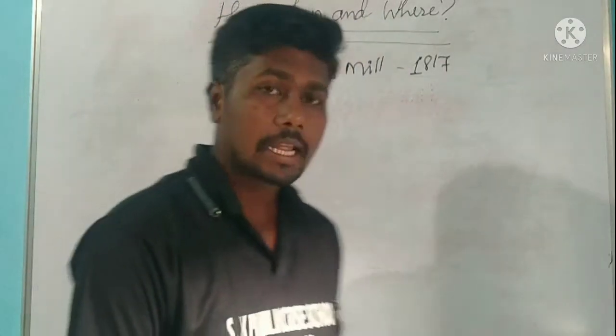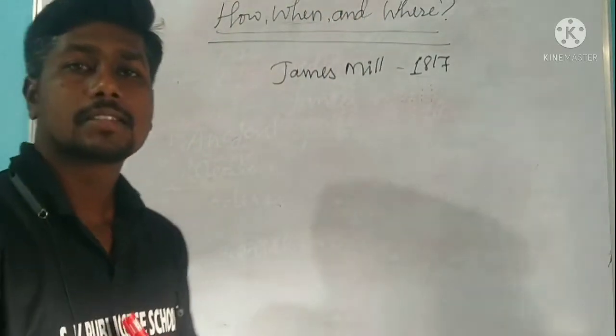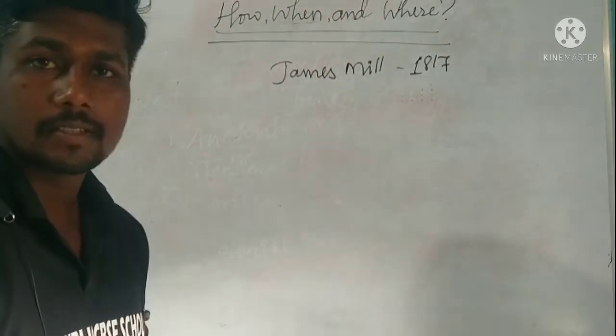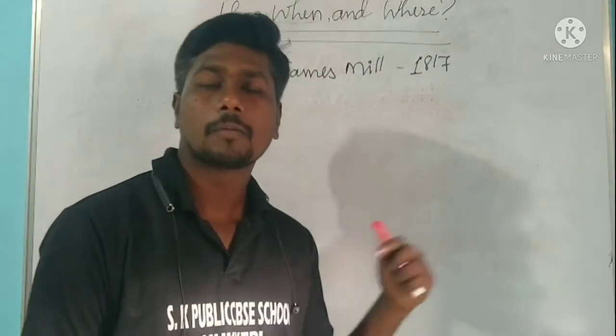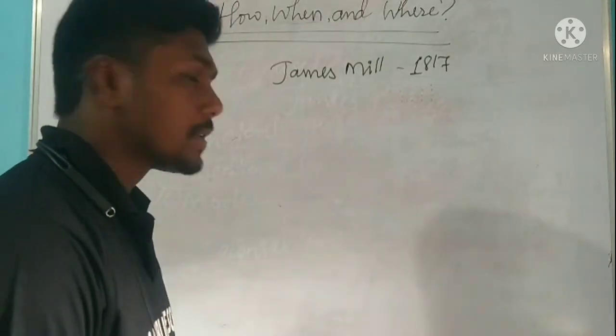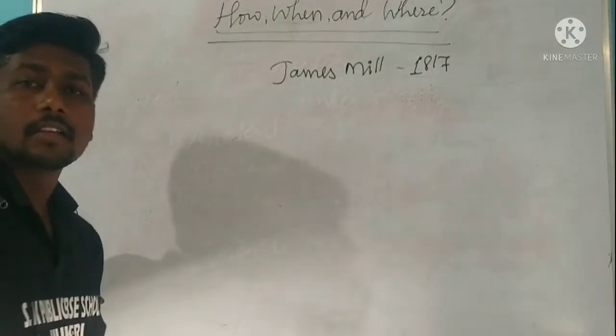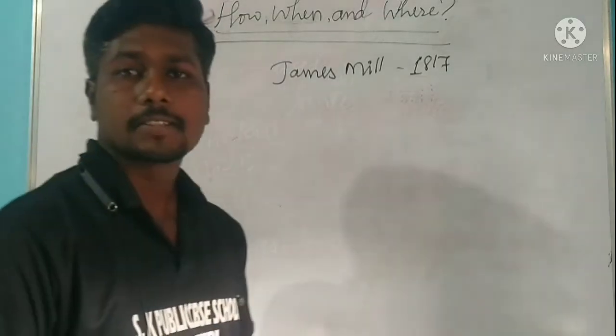In the same way that James Mill divided, other historians also divided the history of India, not on the basis of religion but on other bases. They divided it on the basis of particular years or particular periods.